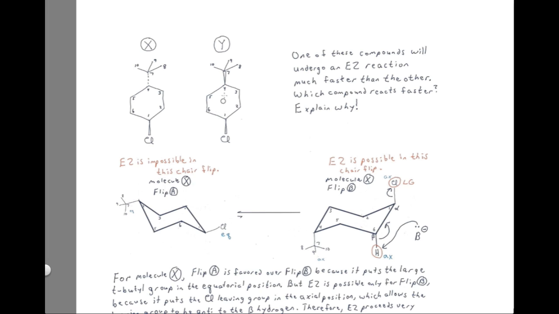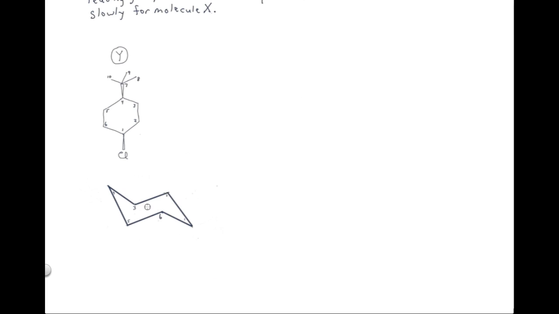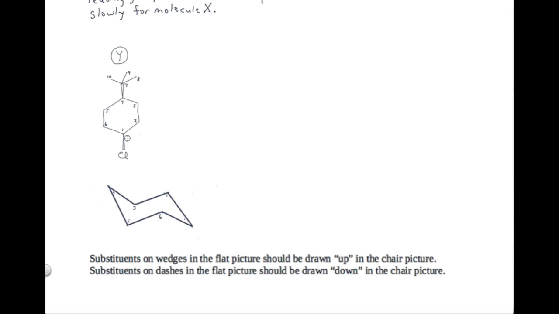Now let's try drawing the chair picture for molecule Y. Here's an outline of a chair. Remember that numbers 1, 2, 3, 4, 5, and 6 are arranged counterclockwise in this picture. So for consistency, I arranged 1, 2, 3, 4, 5, and 6 counterclockwise in this picture. Let's apply this rule. The chlorine is on a wedge in this picture, so the chlorine should be pointing up in this picture.